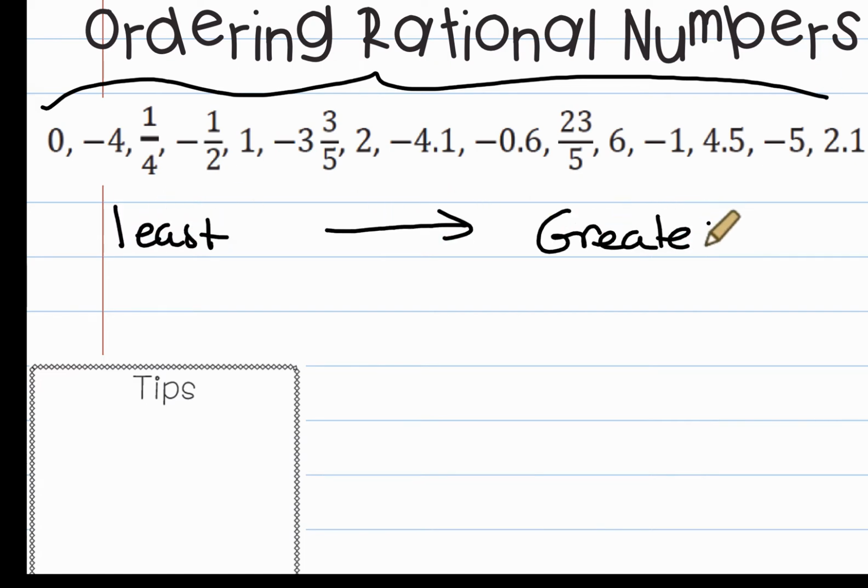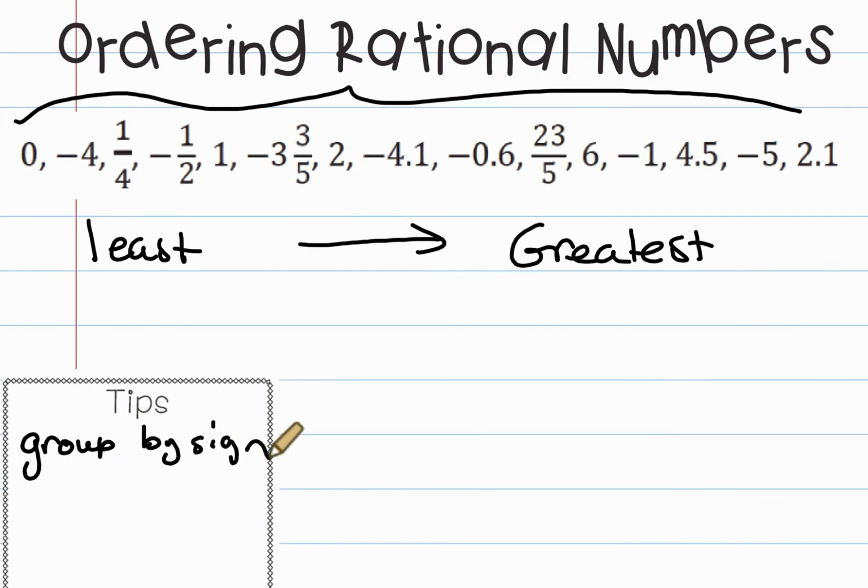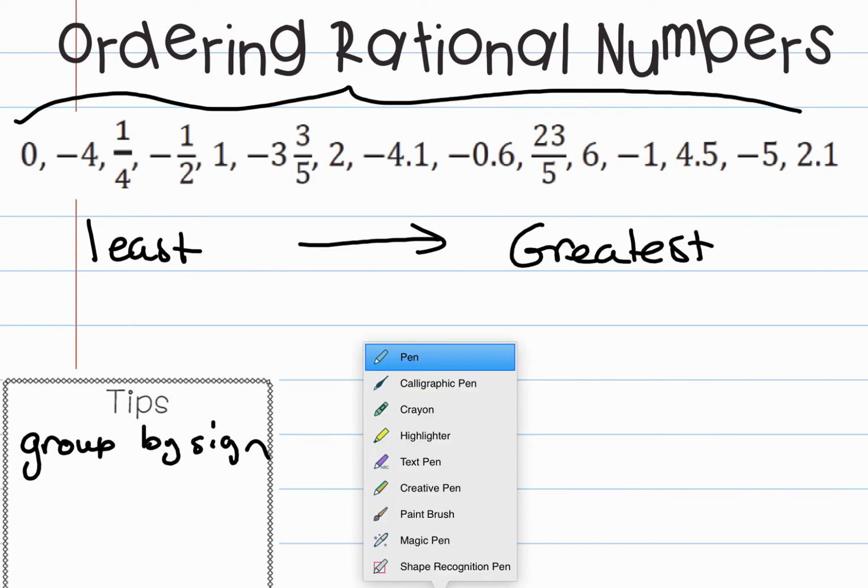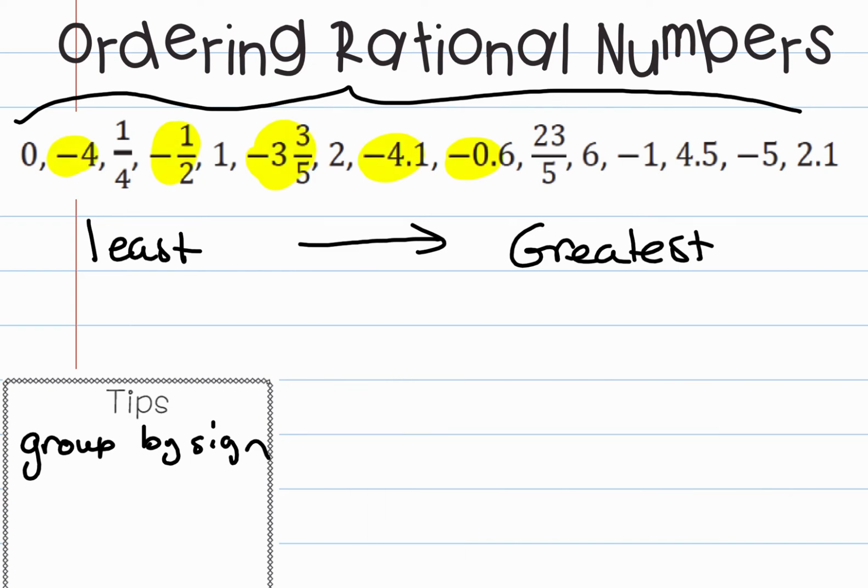We could do greatest to least, but this is what we're going to do. First, group the numbers by signs. What does that mean? It means find your negatives, because we know that negatives are going to be less than all of the positives, including the neutral number 0.